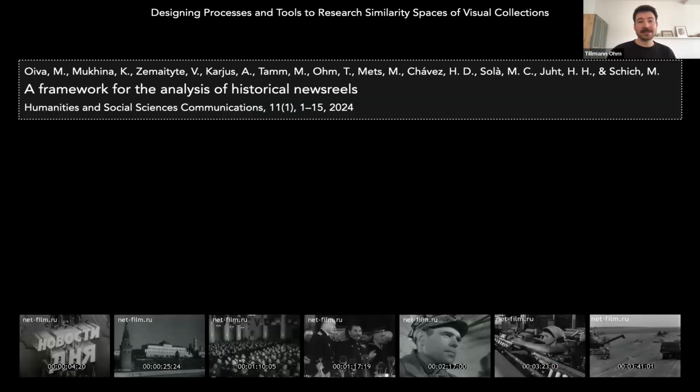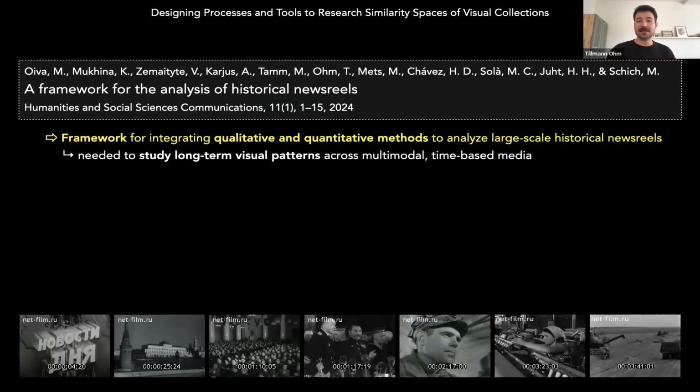But now putting aside models and metrics for a moment, I would like to return to cultural heritage collections and show how similarity spaces can support cultural history research. In the paper, A Framework for the Analysis of Historical Newsreels, we combined several methods to study large-scale visual media.